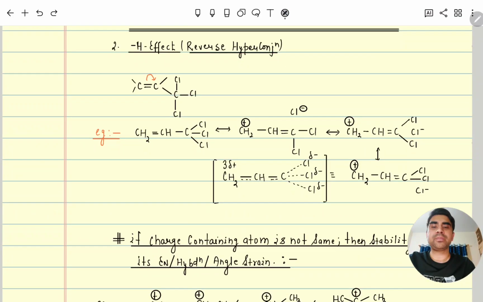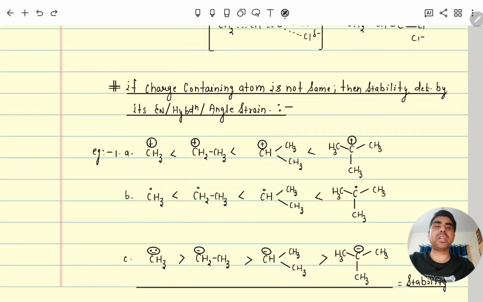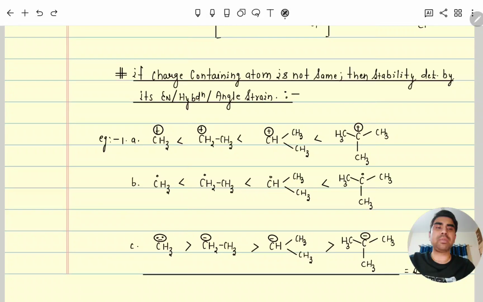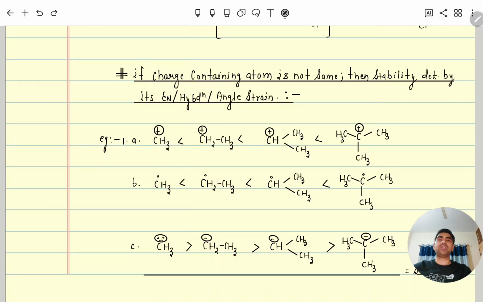Now moving further, if the charge containing atom is not the same, then we will not determine stability through resonance or hyperconjugation. Then we will decide its stability by electronegativity, hybridization, angular strain, and so on.